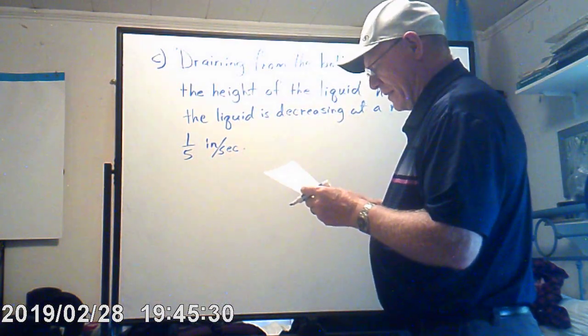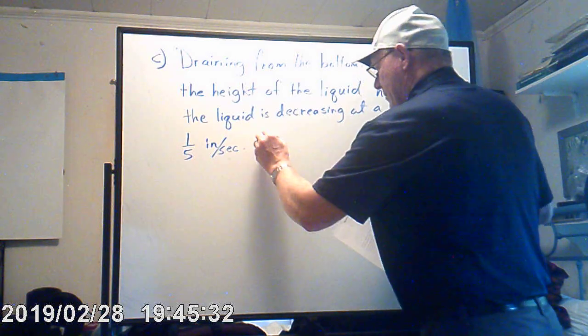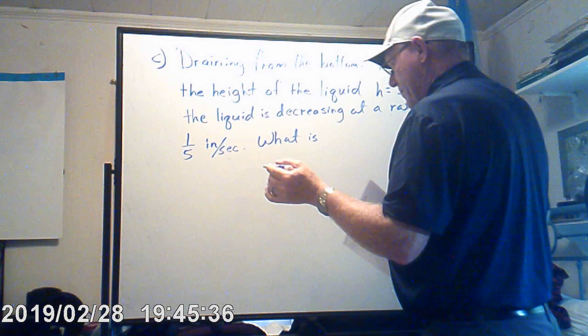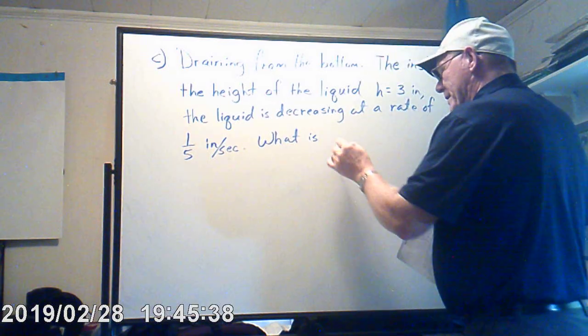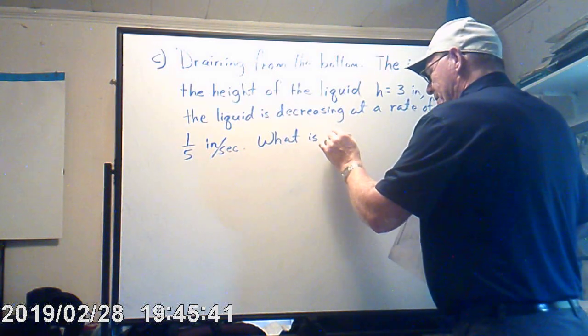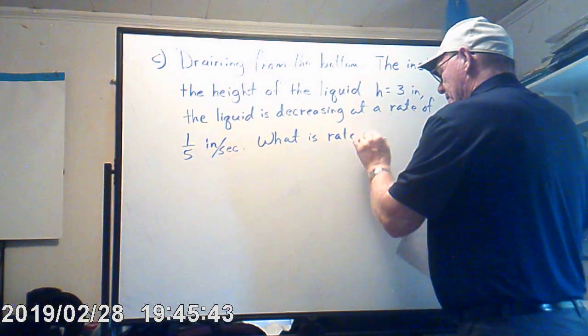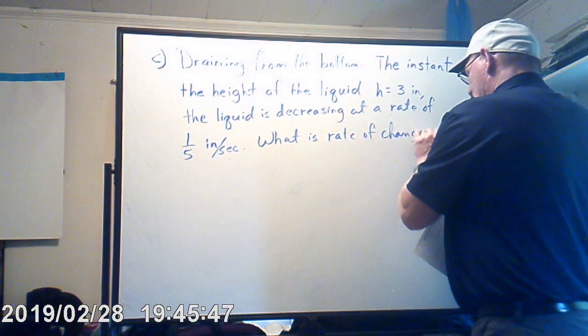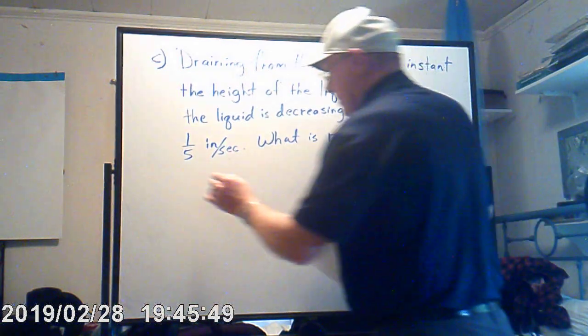At this instant, what is the rate of change? So I'm looking for a rate of change, dH over dt in this case. The rate of change of the height.